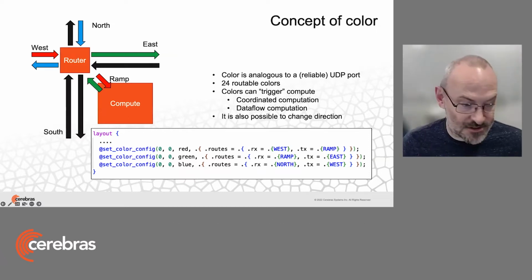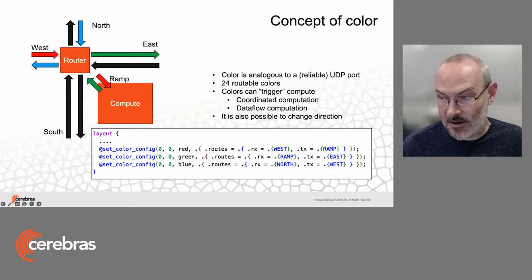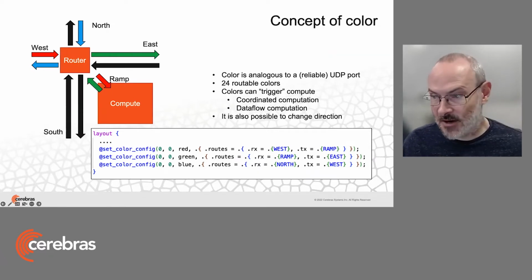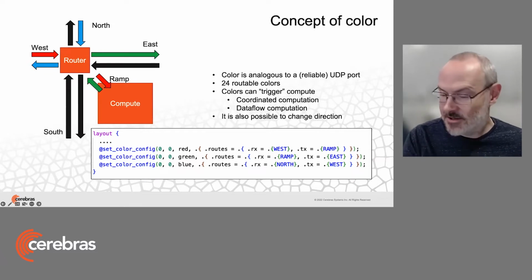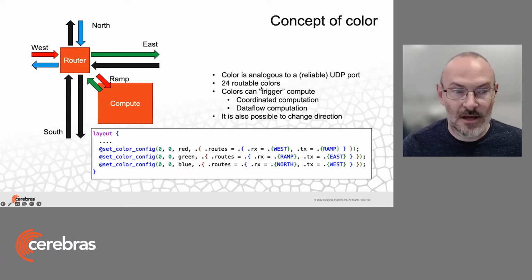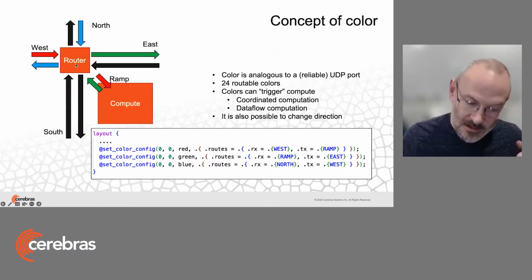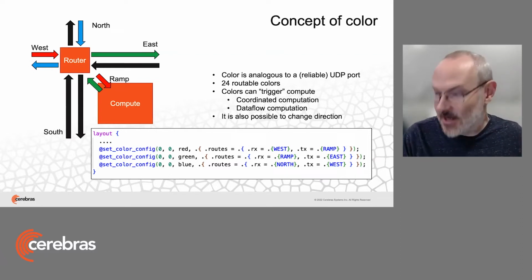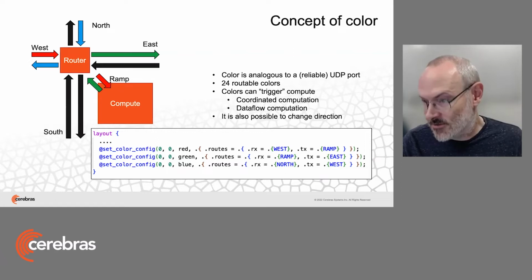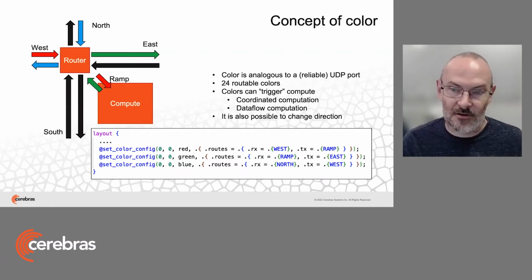Okay, so in CS2 there are 24 routable colors. You can set them up statically or dynamically. At runtime you can change the router and how it acts, although it is preferable to set it up statically because then you know what you've got. You can sort of set up a substrate that you're acting on.